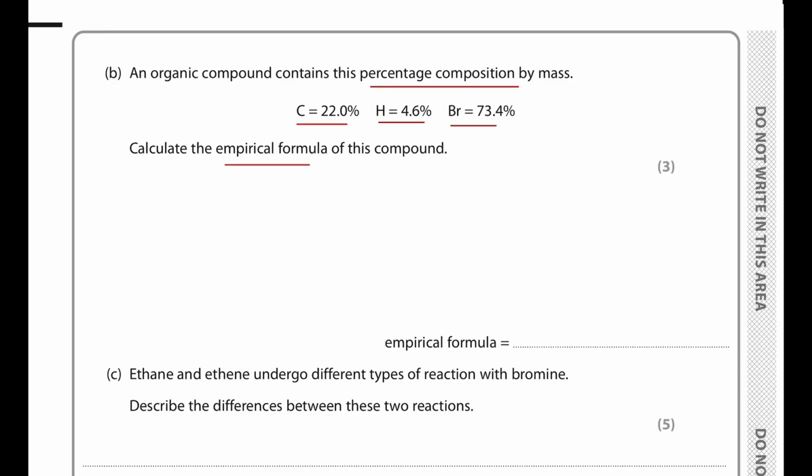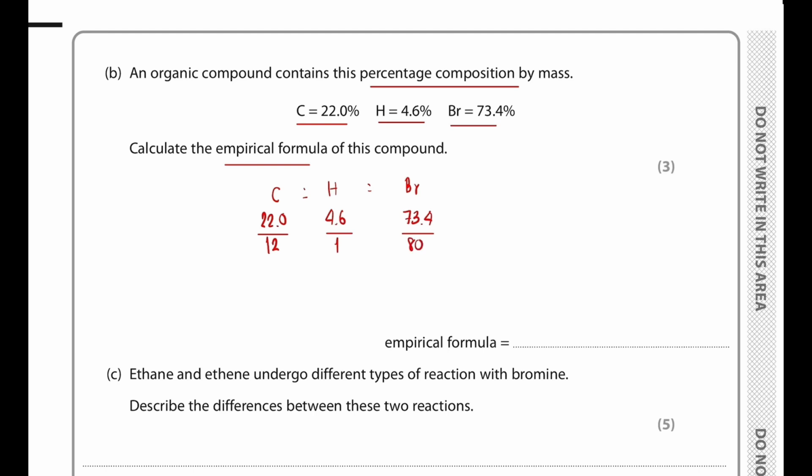So we have carbon 22%, hydrogen 4.6%, and bromine 73.4%. So I will divide by the atomic weight of each element, so divided by 12, by 1, and by 80.